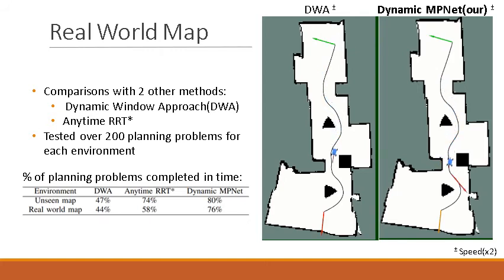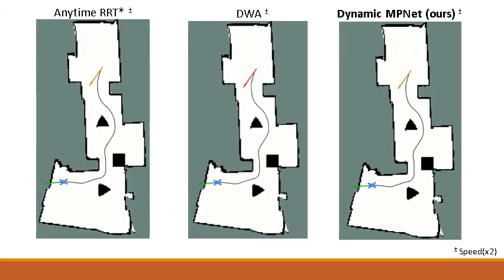We tested the planning accuracy of all the three algorithms over 200 planning problems over different environments. We are able to show that dynamic MPNet is able to achieve higher accuracies compared to the other two algorithms over all environments.